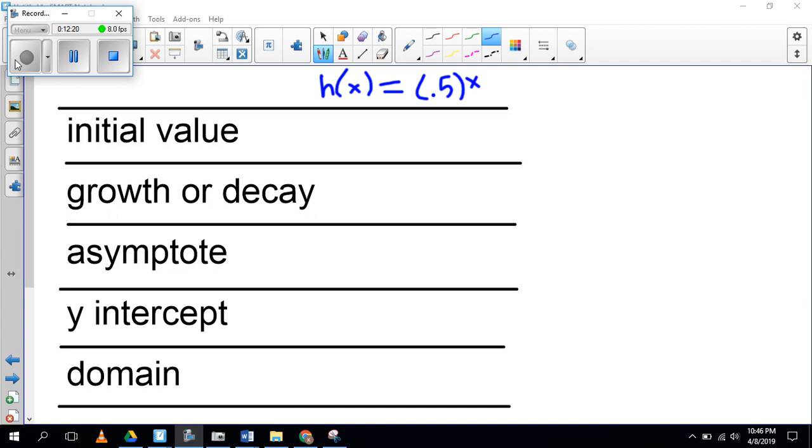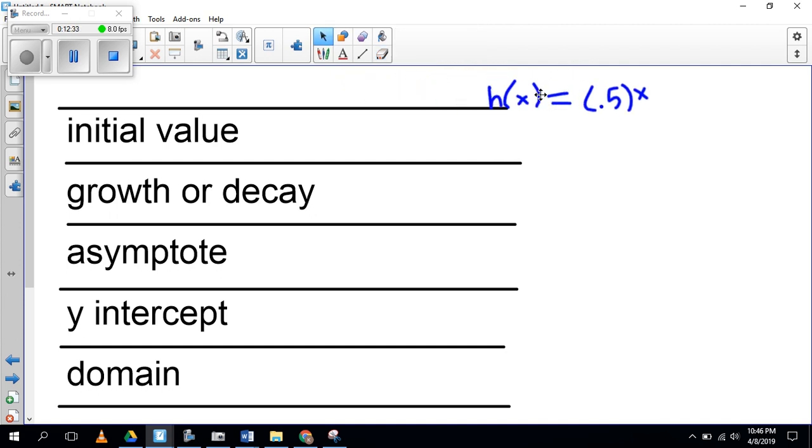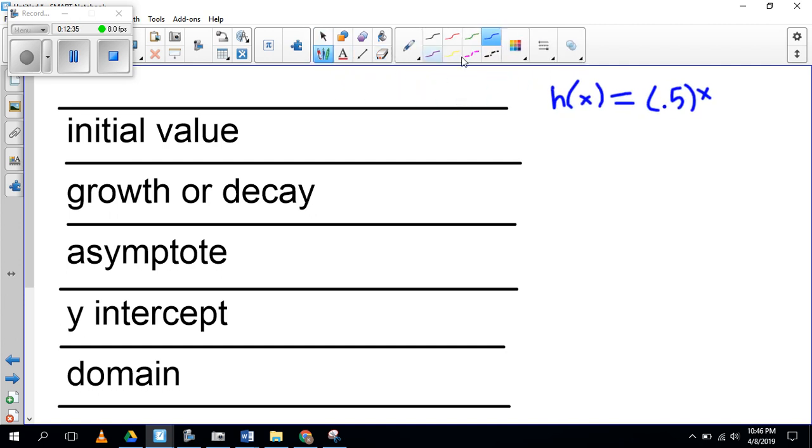Okay, so here's our next example, example 2. So once again, we're going to look here, and I'm going to write our formula so everybody can see this one.